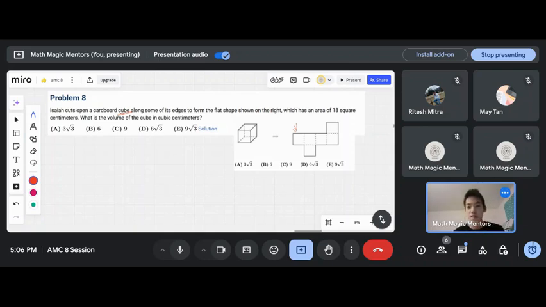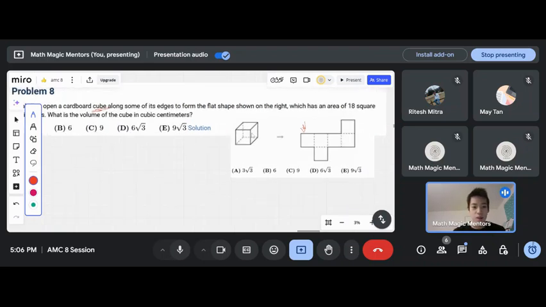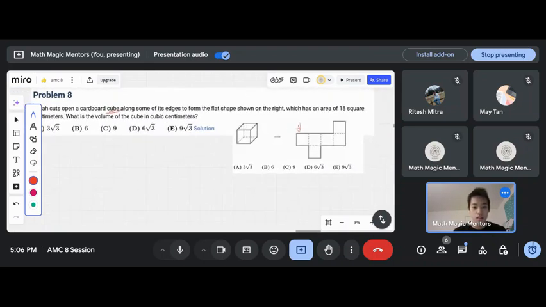So in this diagram right over here, every edge will have the same length, and that also means that every face is a square. Using that information, we can see that the net, which is another way of saying what you get after you cut open the box and flatten it out, will consist of 6 congruent squares.